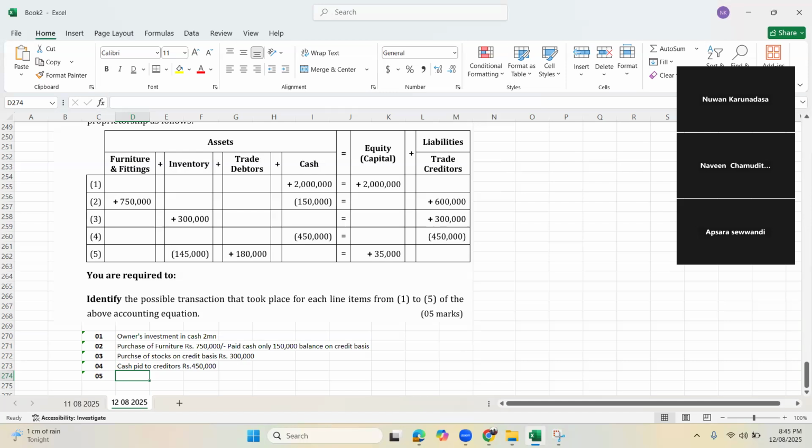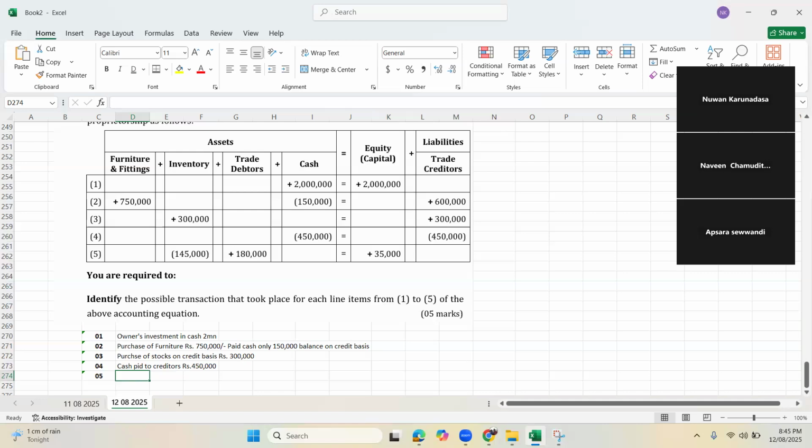Stocks going out 145. Apsara, stocks going out 145. So 145 stocks you are selling at which price? Sold 145,000 goods for 180,000 on credit basis.